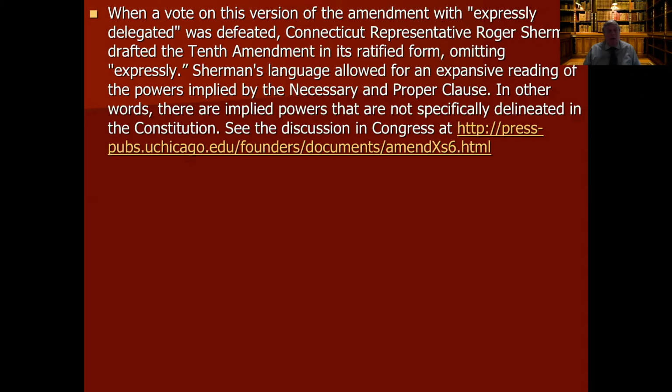In other words, there are implied powers that are not specifically delineated in the Constitution. And you can see a discussion of this at the hot link that I've got here. So in other words, the 10th Amendment does not limit the power of the national government with respect to the states. And the discussion during this ratification period is important here.